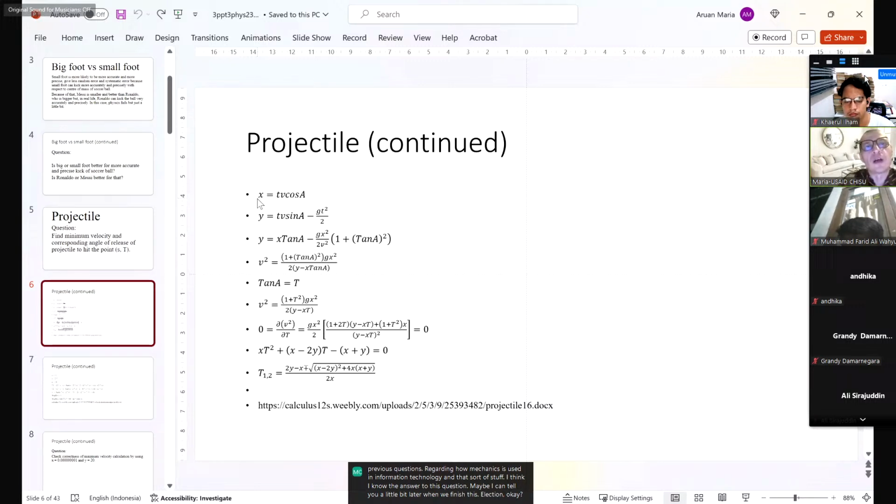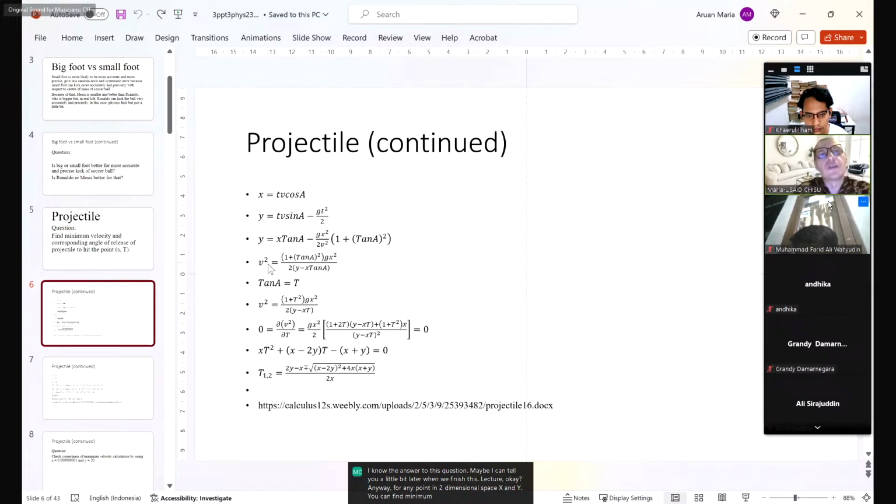Anyway, for any point in two-dimensional space x and y, you can find minimum initial velocity v, sometimes we call it v naught, to hit this point, any point. And you can find the corresponding angles of release.